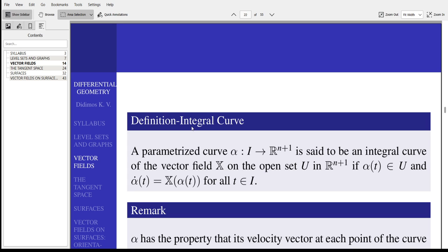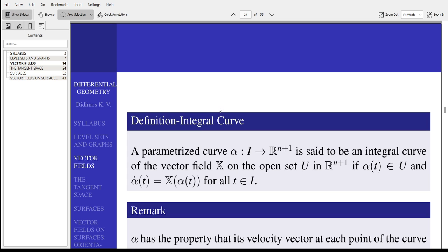So the first thing to remember is that X is always defined on U. That is already given. Then only can we say that a parameterized curve is an integral curve of that X. Clear?